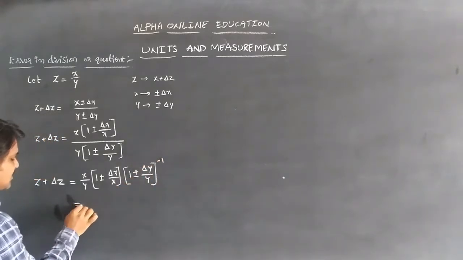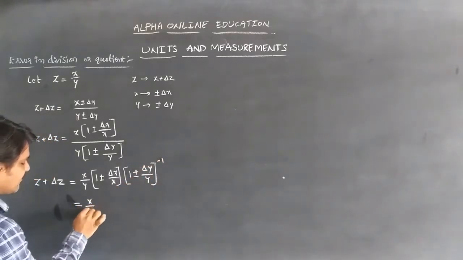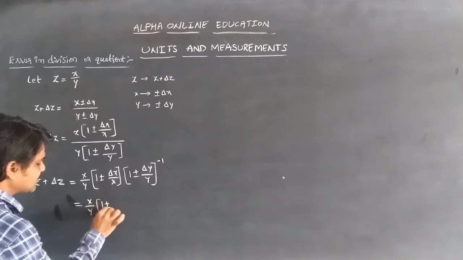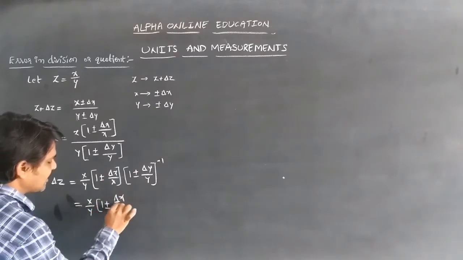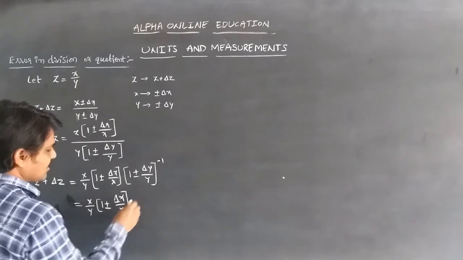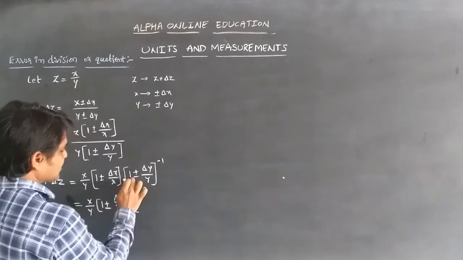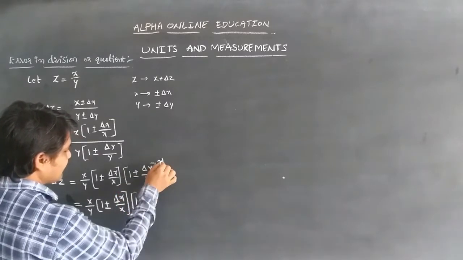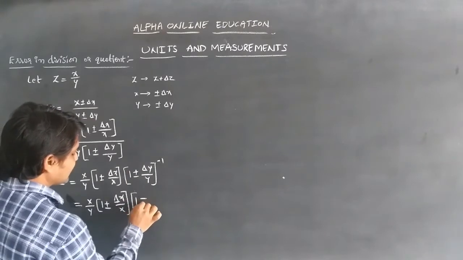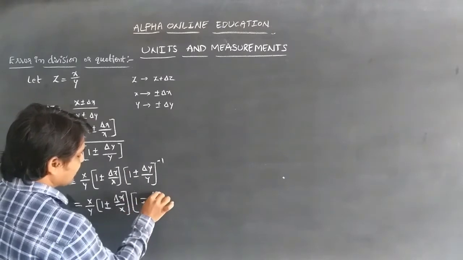Then this equation can be written as x by y of 1 plus or minus delta x by x. Here, on removal of the inverse, the 1 plus or minus delta y by y becomes 1 minus or plus delta y by y.